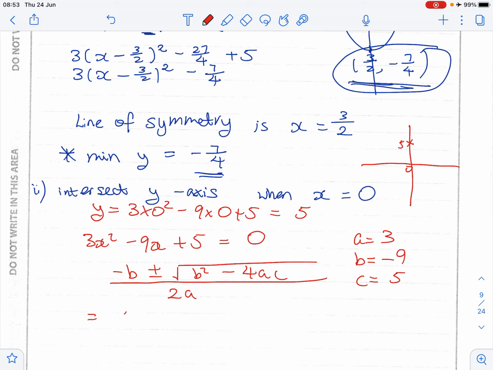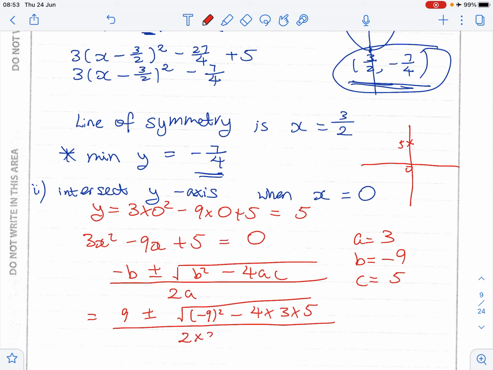So minus b, which is 9, plus or minus the square root of 9 squared minus 4 multiplied by 3 multiplied by 5, divided by 2 times 3. Then just type it into your calculator.